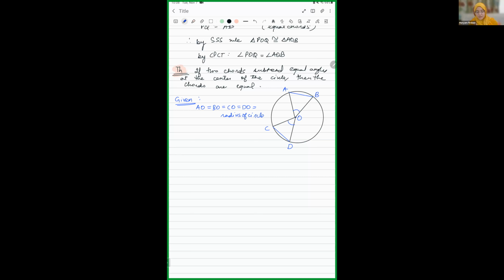Then it is given to us that angle AOB is equal to angle COD. Two chords subtend equal angles. We have to show that the chords themselves are equal, AB is equal to CD.